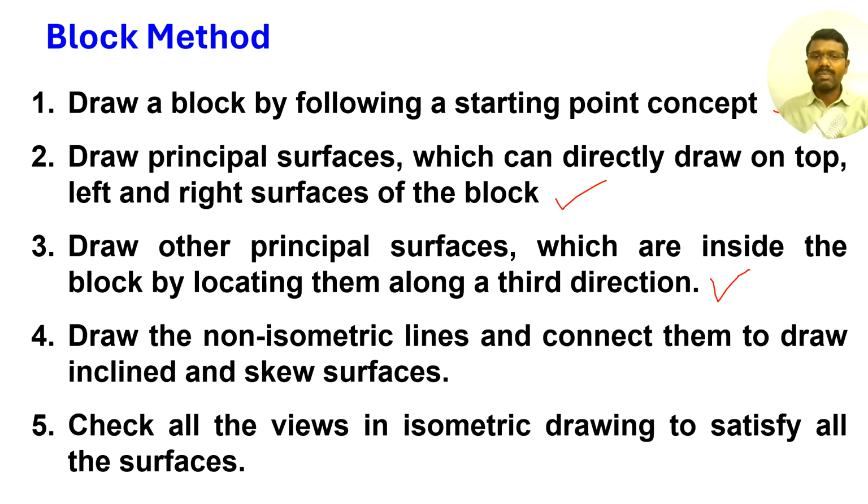If you draw the principal surfaces first, then the remaining surfaces you will get easily. Then we need to identify the other surfaces like inclined surfaces, curved surfaces or skew surfaces, and they will be drawn in the direction. Finally we will identify the non-isometric lines, and then we will complete the drawing. And that is how we draw the isometric drawing by the block method.